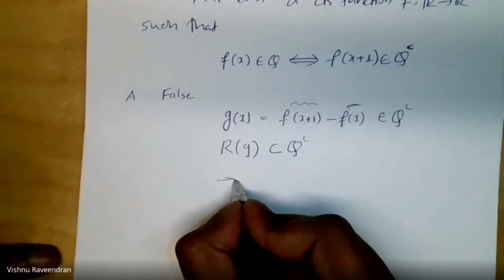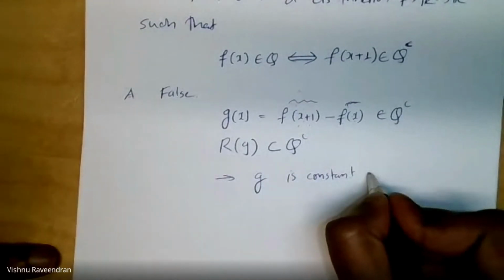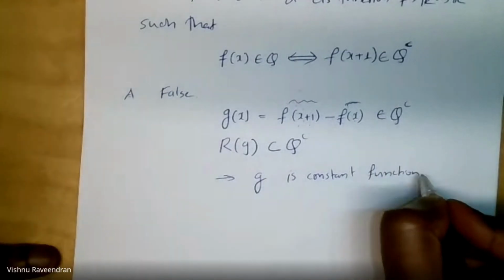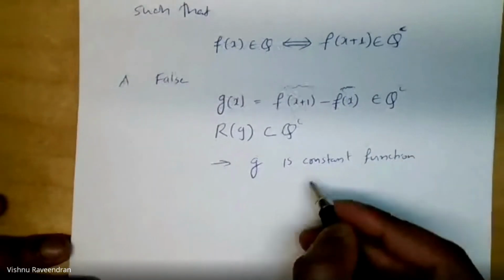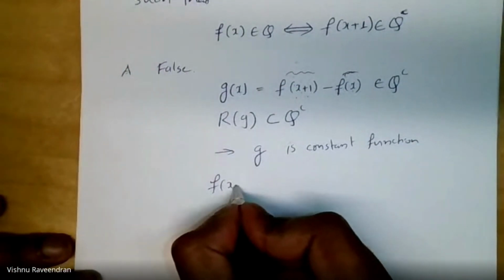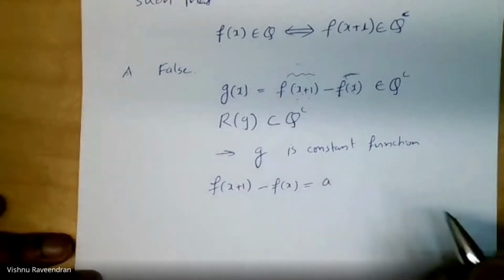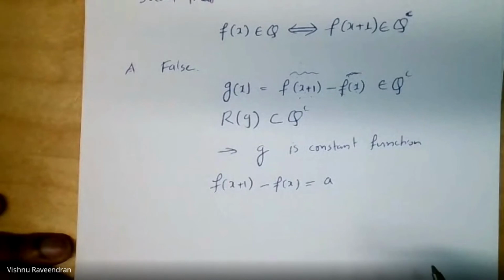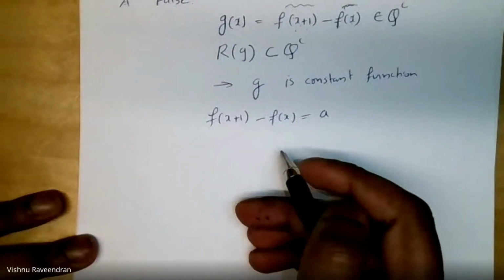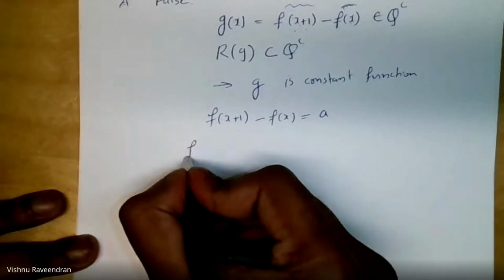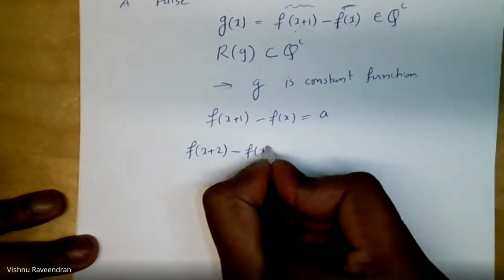So in other words, you can prove that g is a constant function the same way we proved the last theorem. So basically we get f of x plus 1 minus f of x is a constant, say some number a. Now consider f of x plus 2 minus f of x.